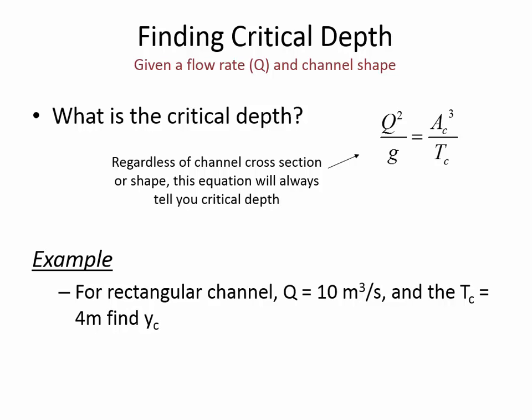We can rearrange this top equation where Q squared divided by g is equal to Ac to the third power over T sub c. Well, we just rearrange that to Q squared divided by g is equal to 4 times the critical depth, because this channel is 4 meters wide, and we cube that, and then we have the top width at critical conditions.